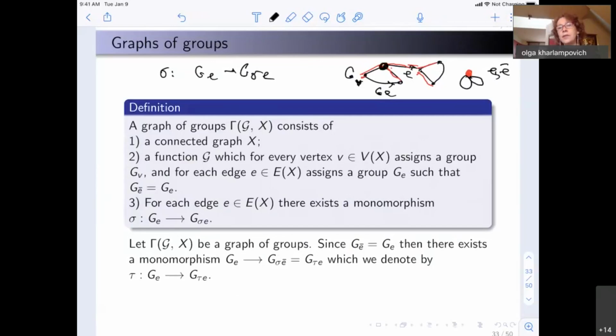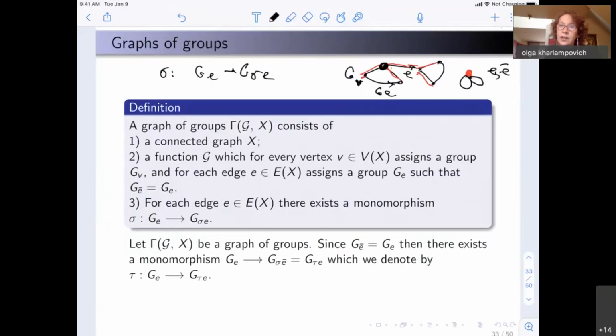If this is just a graph, what is the fundamental group of a graph? It is a group generated by a generator for each loop, right? And there are no relations here because it is a graph. But now we have a graph of groups.